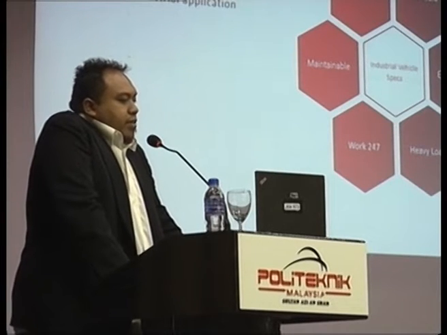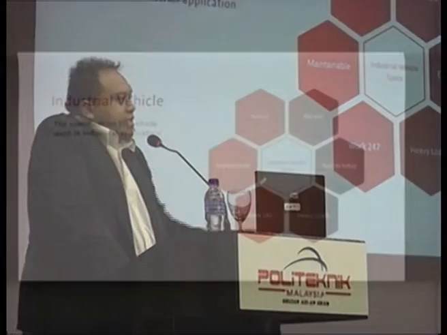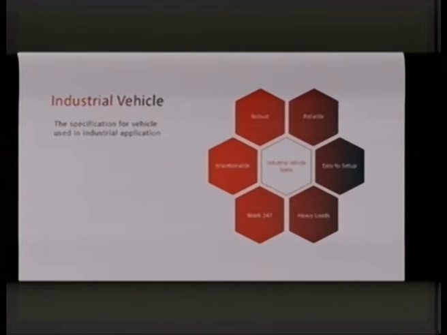For industrial use, there are some characteristics or specifications needed in the vehicle. First, because it is industrial, the vehicle needs to be used repetitively, so it must be robust and reliable.